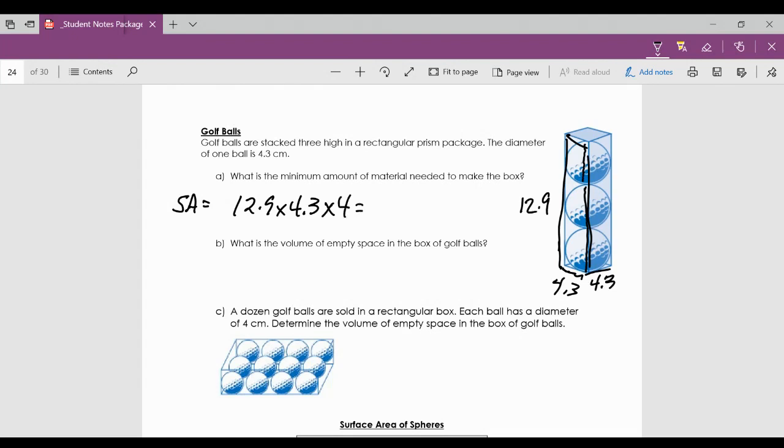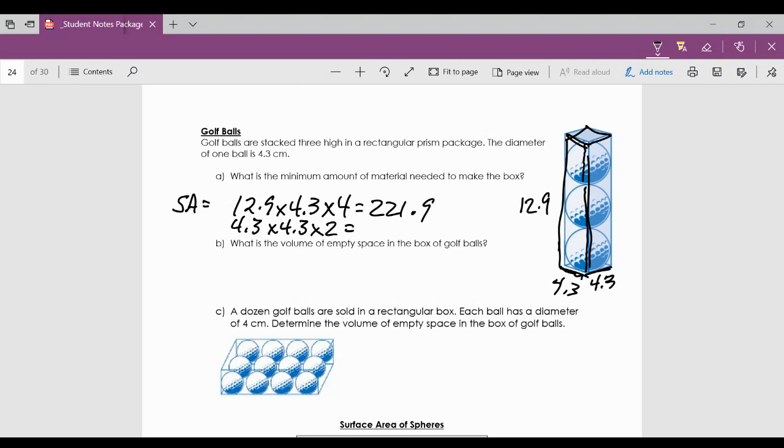And you get a total surface area for the 4 sides of 21.9. And then the bottom and the top of the box, this bottom here and this top, are 4.3 by 4.3. And there's 2 of them.